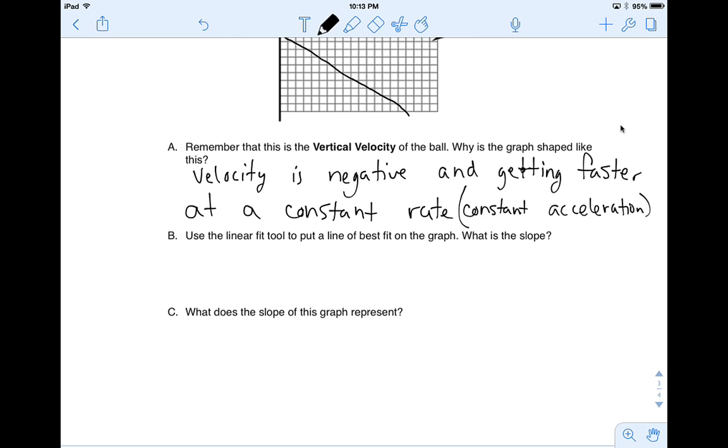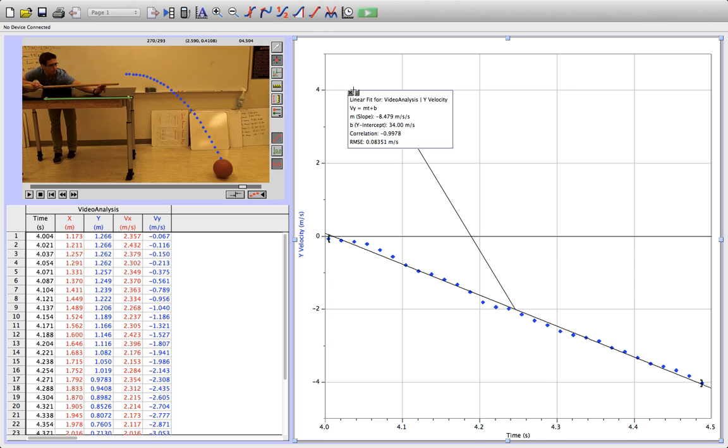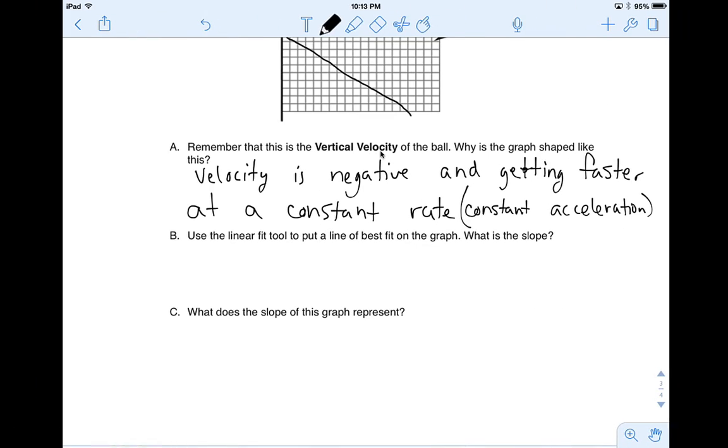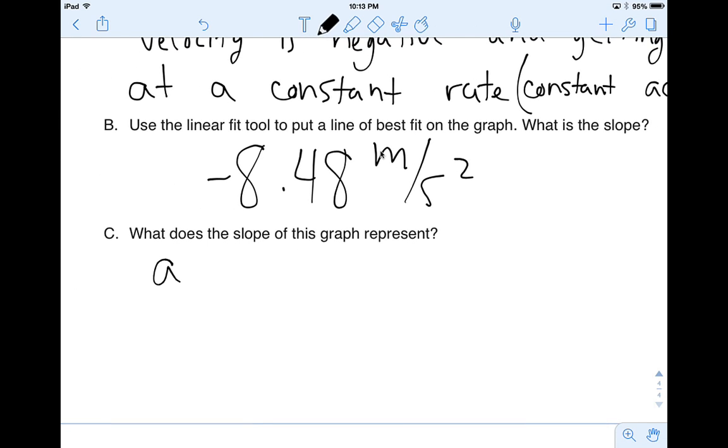So now it wanted me to use the linear fit tool to put a line of best fit on the graph. So I'm just going to linear fit that, and I get -8.47. We'll call it -8.48. So -8.48 meters per second squared. What does the slope of the graph represent? Well, that's the acceleration.